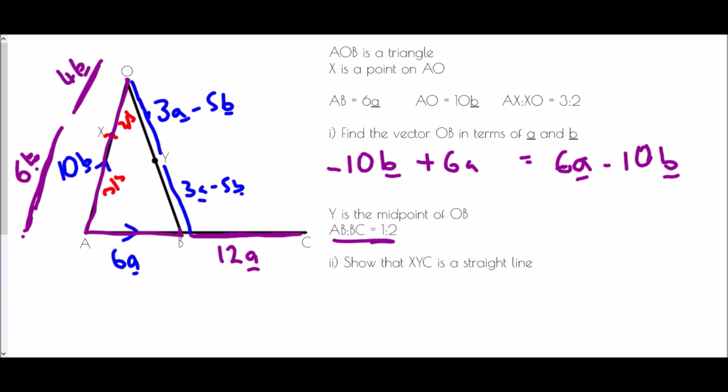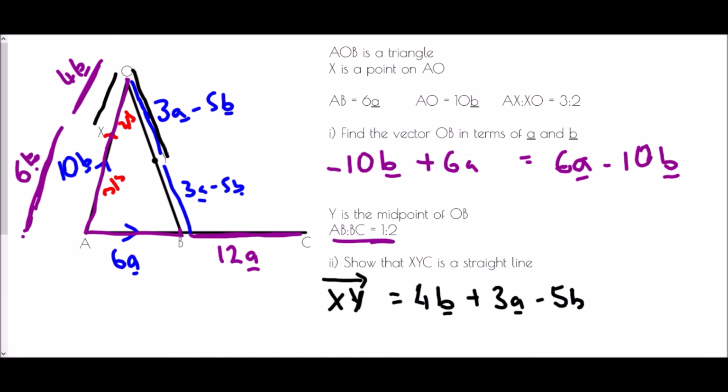All of this is going to come in handy for the very last part, showing that x, y and c is a straight line. And the reason for that is what we need to show is the vector xy. How do I get from x to y? Well, x to y would be 4b, and then following this vector here, it will be plus 3a, take away 5b.